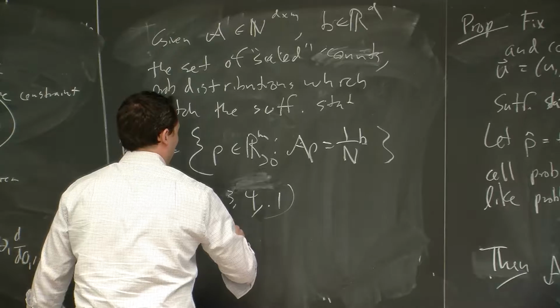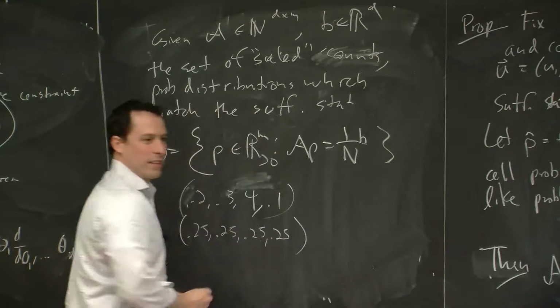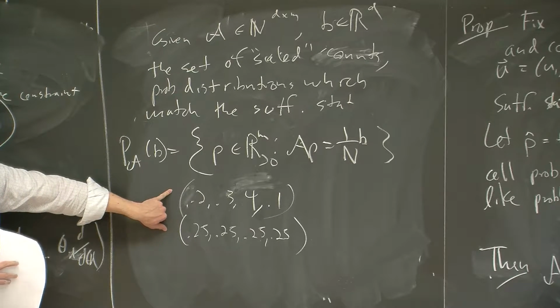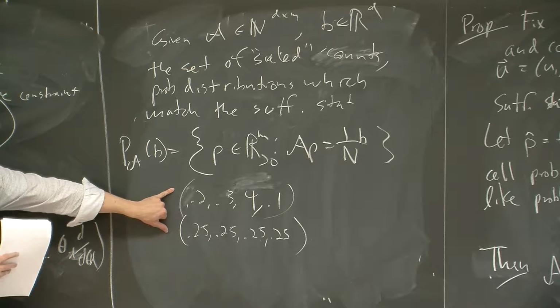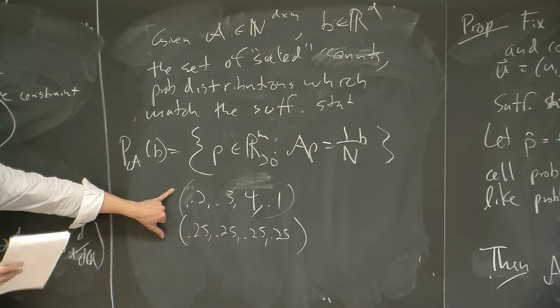Suppose these two were both in the feasible set, 0.25 each. I said both of these match the marginals. Which one would you choose? Second. Why? It's easier. Can you quantify that? Like all the probabilities are equal. Yeah, they're equal.